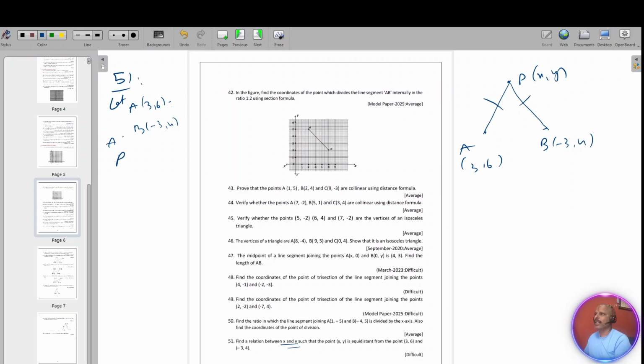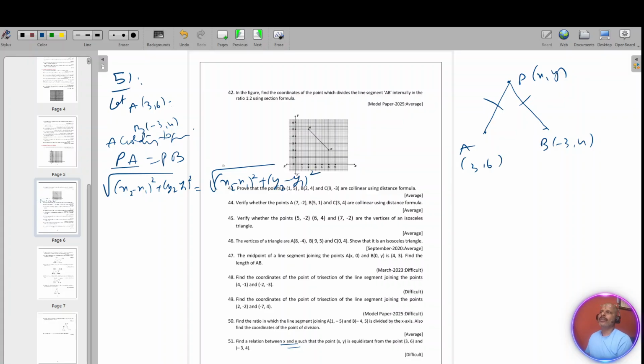According to what is given, PA is equal to PB, meaning they have given the equidistance, right? So PA is the square root of (x2 minus x1) whole square plus (y2 minus y1) whole square, equal to, the same formula here, the square root of (x2 minus x1) whole square plus (y2 minus y1) whole square. When applying PA, P becomes x1, y1 and A becomes x2, y2.